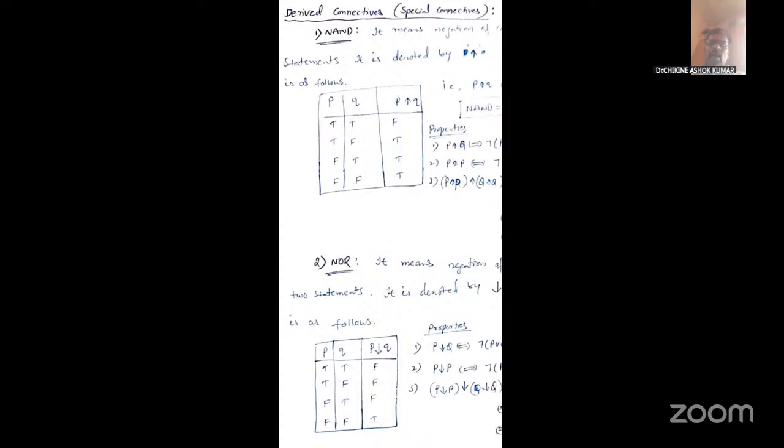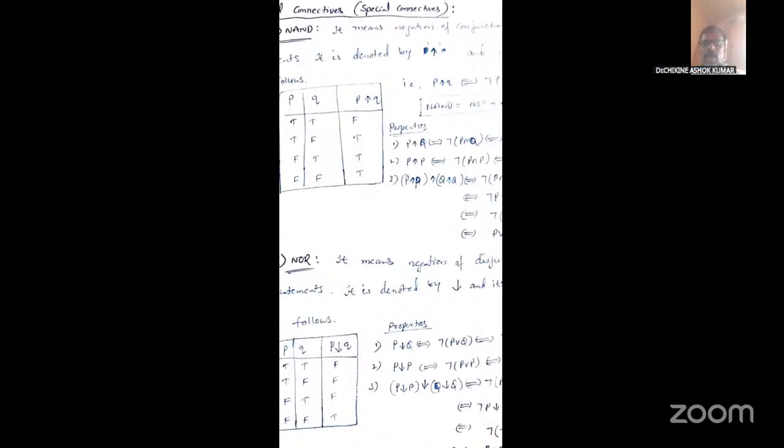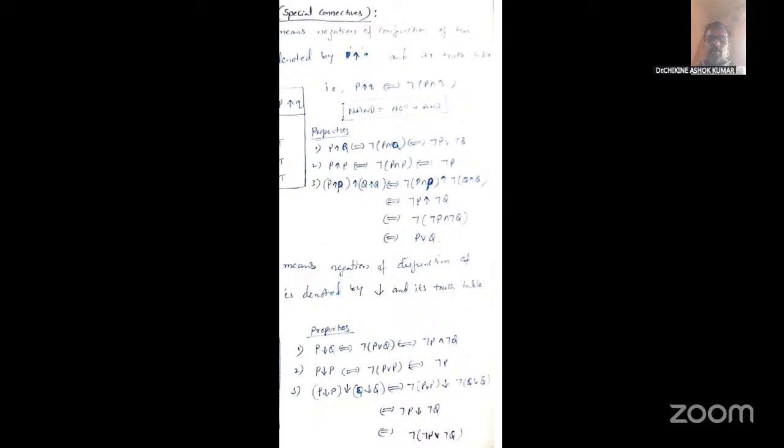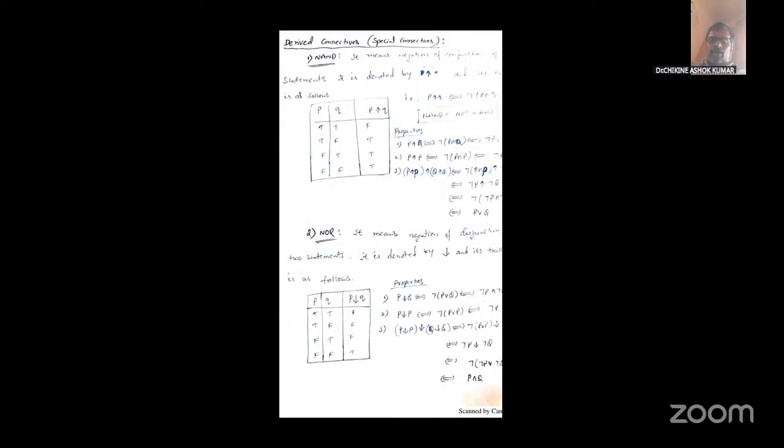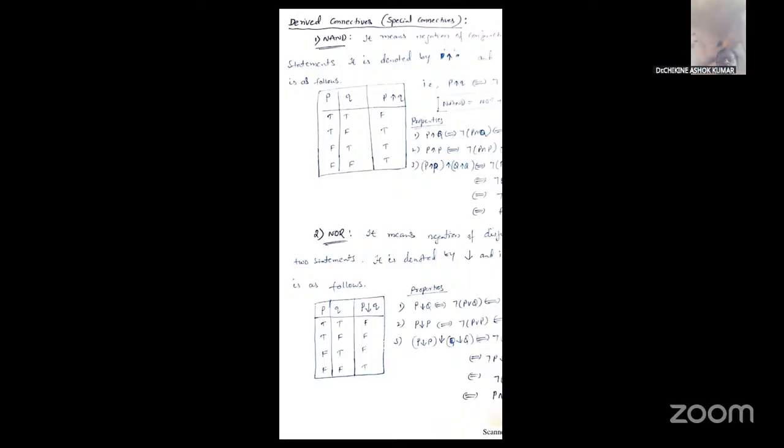It is denoted by an up arrow mark, and its truth table will be like this. P comma Q, I am taking two propositions. If we apply P NAND Q, we can read this up arrow mark as P NAND Q. So this is quite opposite of the AND table. Where is AND?